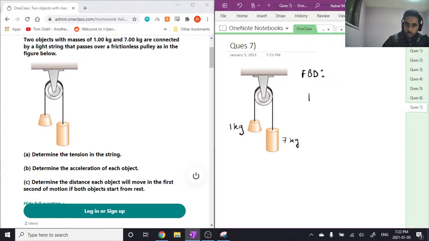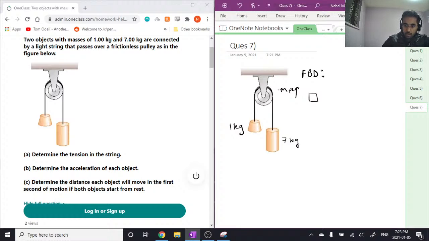Okay, so for the 1 kg block, as you know, the 7 kg is heavier, so the 7 kg block is going to go down, and the 1 kg block will be moving up. So it's moving up with, let's call it, M1A.